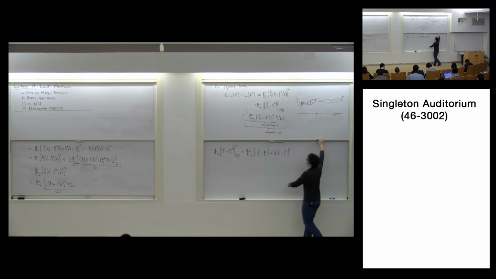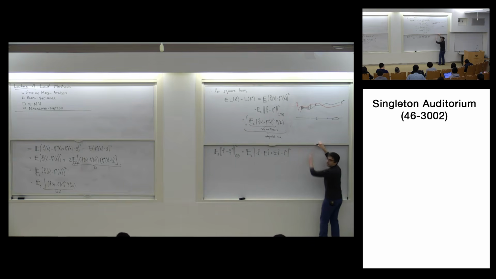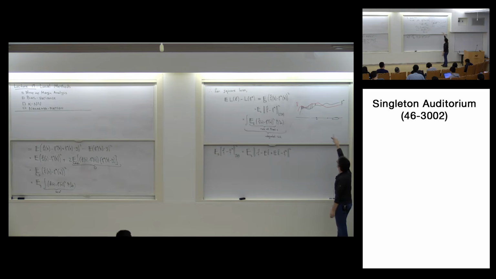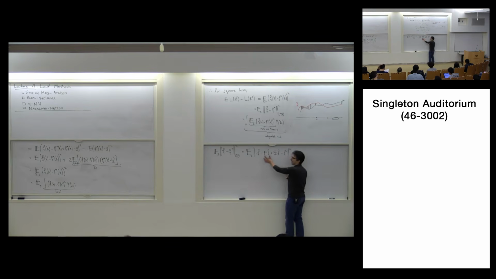The meaning of that is, remember the point that we were discussing just before, that red line is a random function, and the question is, how close is it to f star? Well, how about the average of that red function? Can we at least show that that's close to f star? So that's the average of f hat.